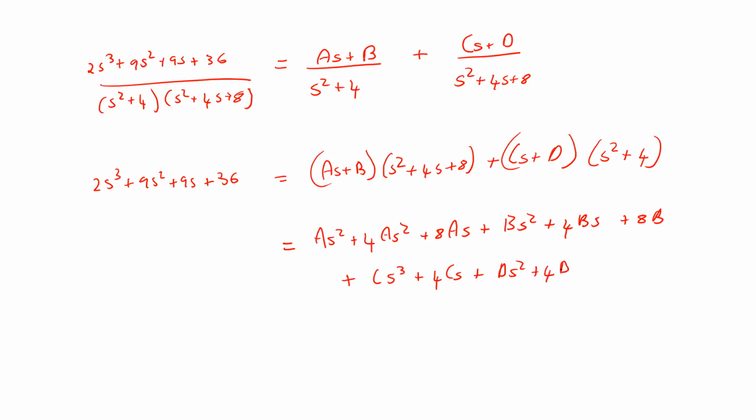Now what I'll have to do is collect all the coefficients of s cube, s square, s and the constant. So I'll get four equations and I will have four unknowns A, B, C, D, so I can solve the equations that way.